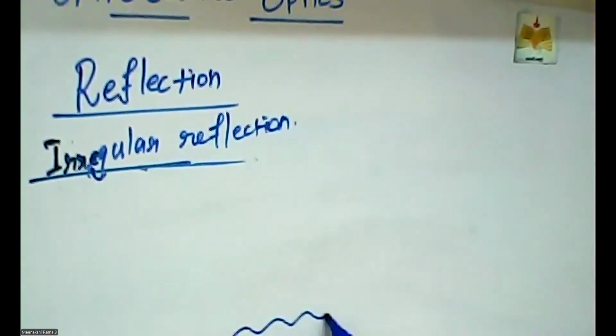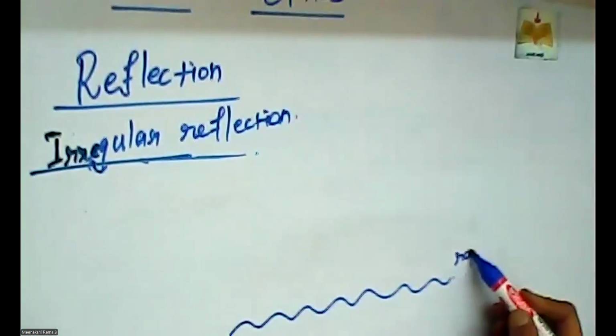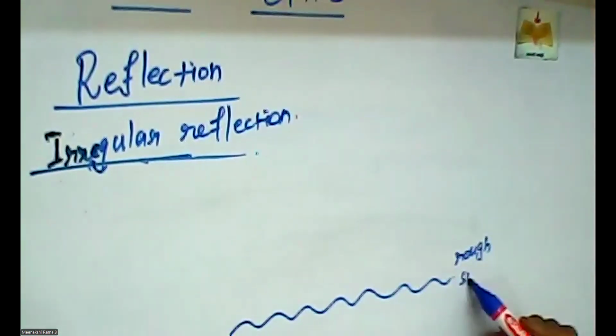The body is not smooth. It is rough. It is not a regular surface. Like a normal road, our normal tar road is like this only. So this is an irregular or rough surface, not a smooth surface.